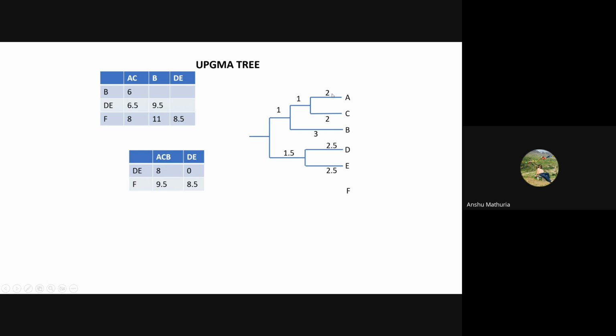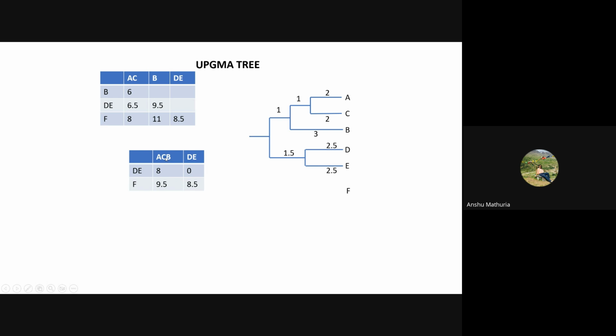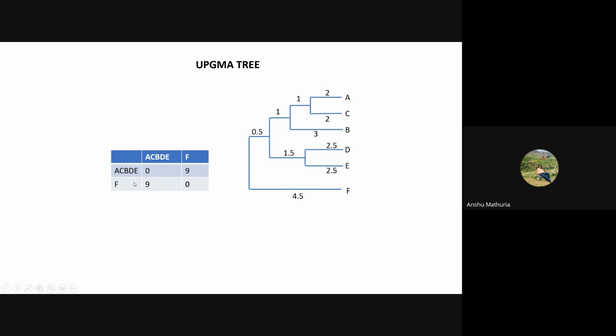So the entire thing, that is A, B, C, D, E, should be analyzed in correlation to F. When you construct this table, you will calculate the distance of F using this table, that is ACBDE with F. That is ACB distance to F 9.5 plus 8.5 divided by 2. You will get 9.